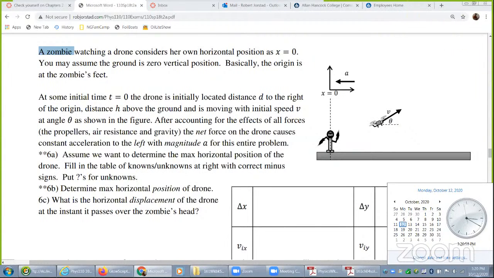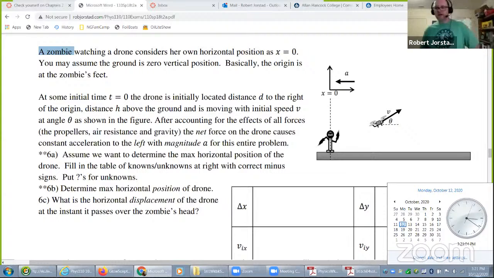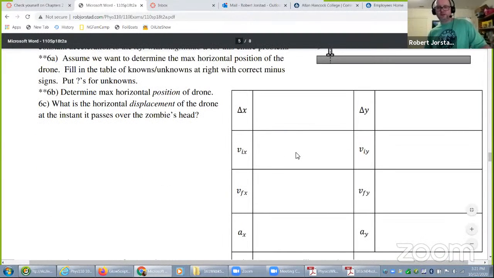It's a good guess. I didn't finish reading the problem, but just because it involved the drone, and I was trying to write down the knowns and unknowns. Oh, I see. Well, let me ask you this. Did you ever write down this list of knowns and unknowns for a relative velocity problem? Oh, yeah. So that's your clue.